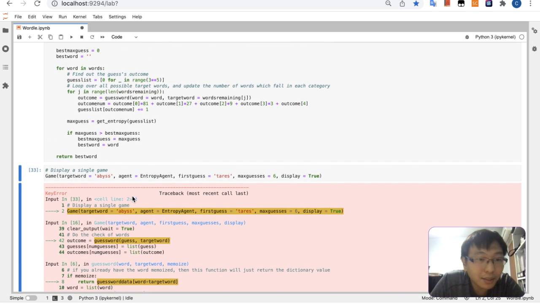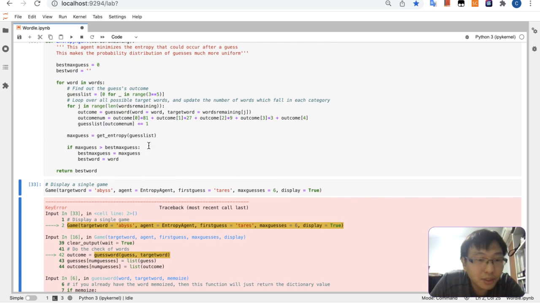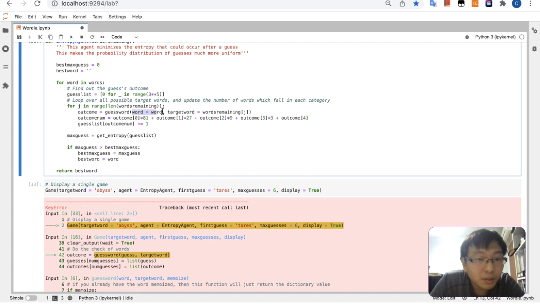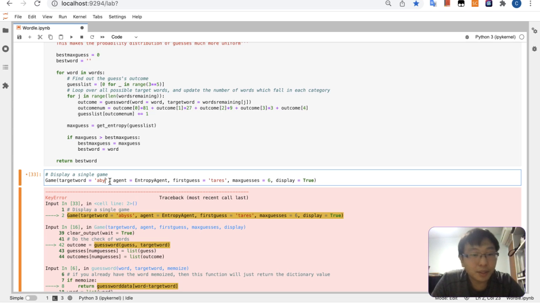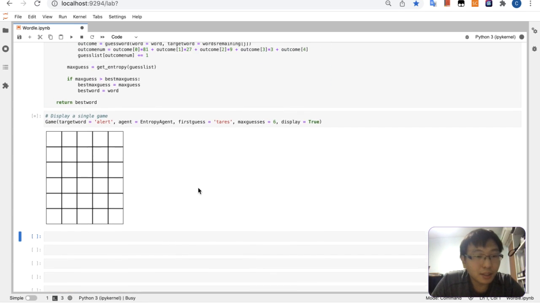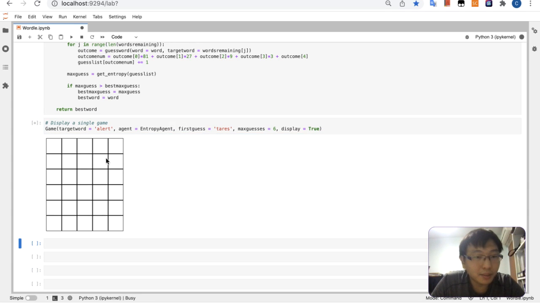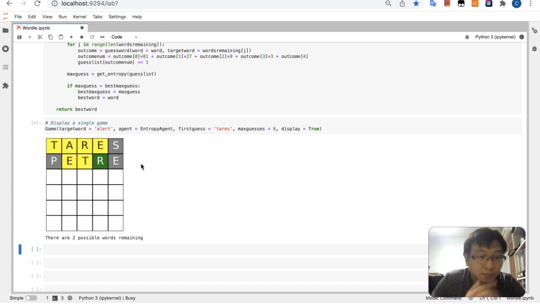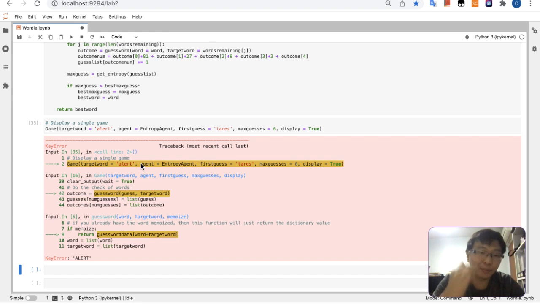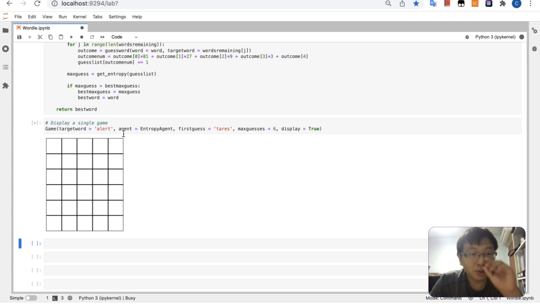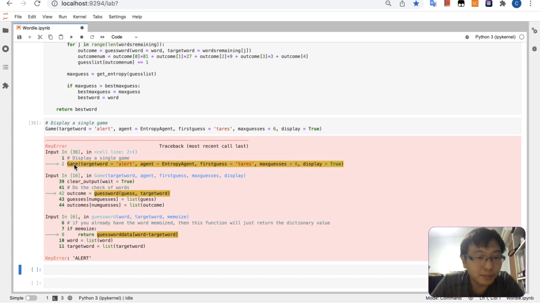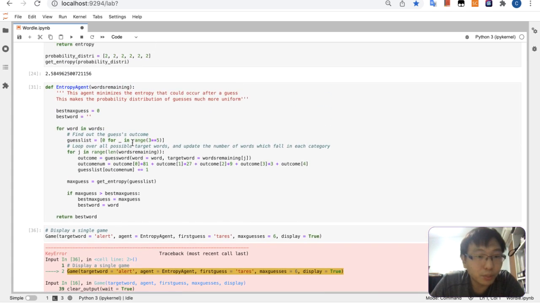So somehow the guess itself is not reflected. Let's try something. We make sure that it looks like it only happens when there's one word remaining. Actually, it can solve already, because there's only two words remaining.